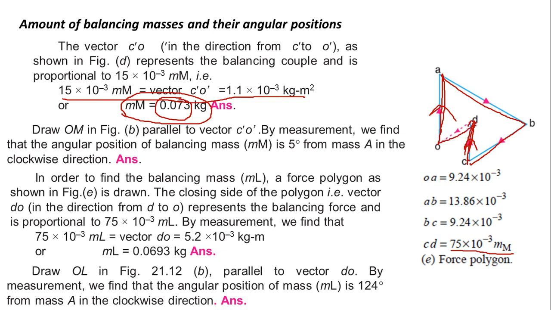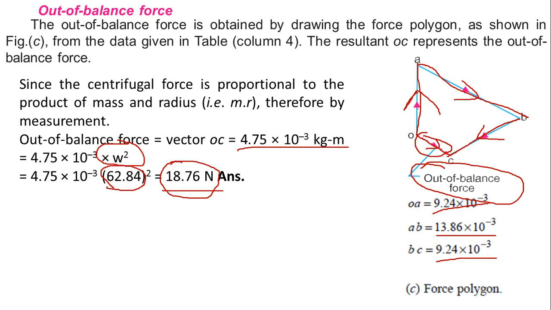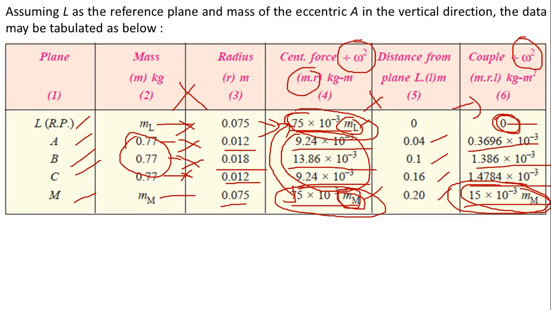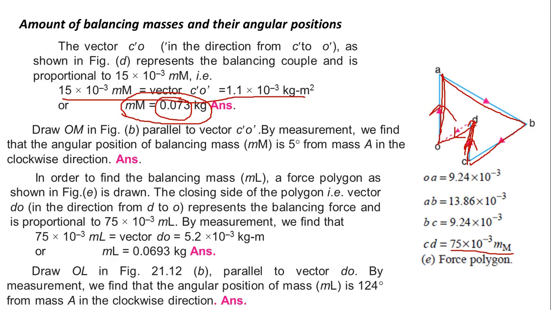So from D to O now is the remaining part. That will be equal to 75 into 10 to the power of minus 3 ml, which will be vector DO. Substituting this value over here and equating, we get ml as 0.0693 kg.